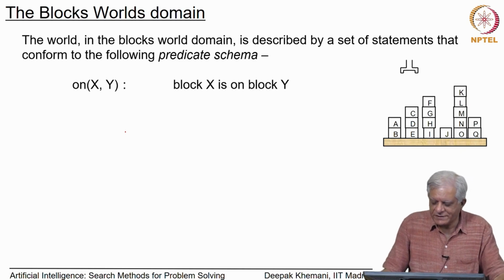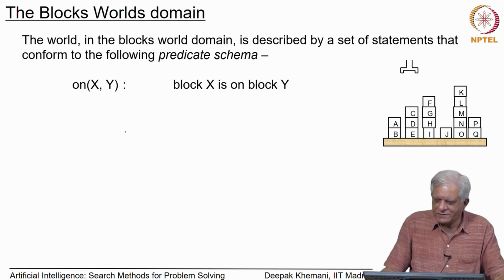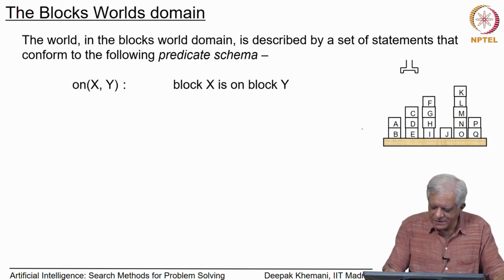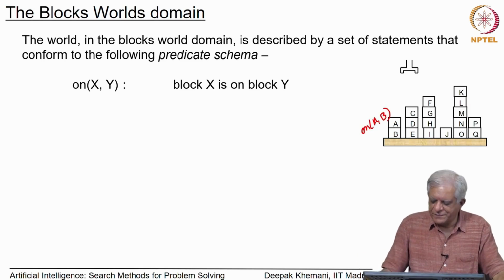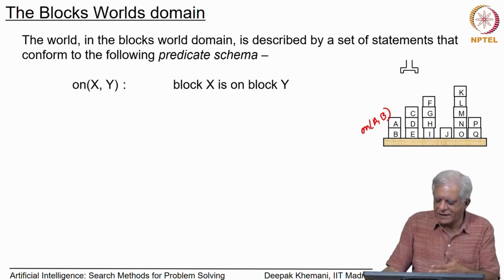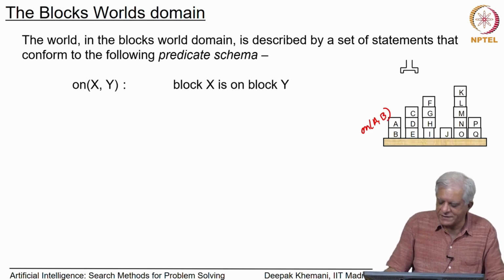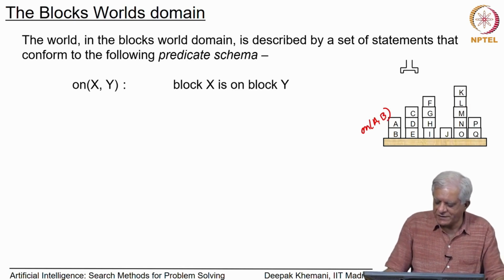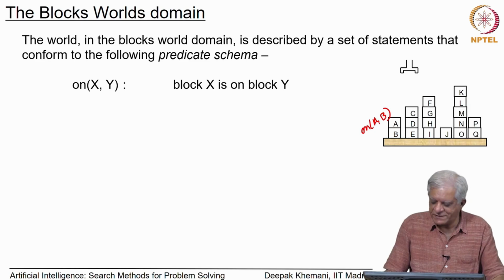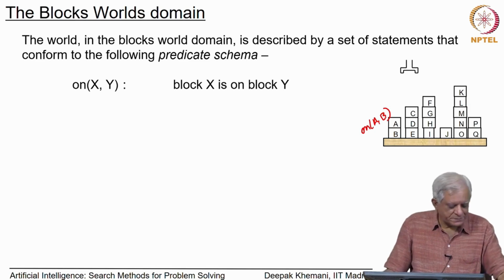So, in the diagram on the right you can see that block A is on block B. So, you can express that by saying on A B. So, we can describe the world. So, we will have a whole set of instances of these predicates. A is on B, C is on D, F is on G, and so on and so forth.